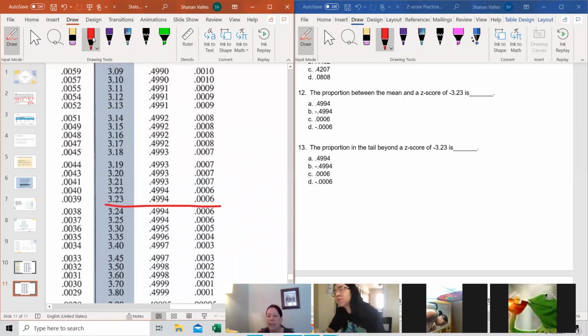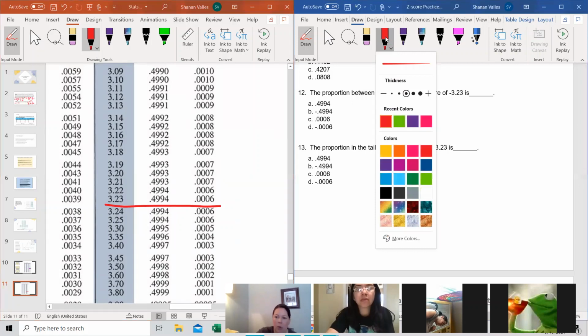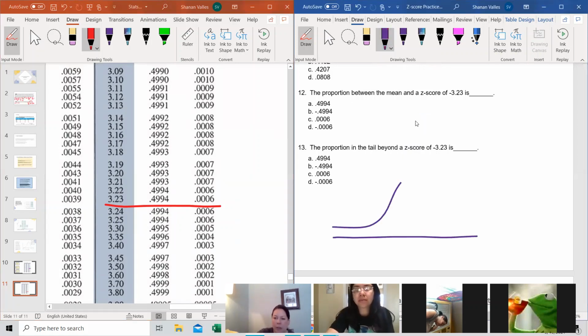We don't have a negative z-score on the table, just because that part doesn't really matter when we're looking up B column or C column, okay? So if we have our little distribution here, let's put the mean right there in the middle. And we're now looking at negative 3.23. That's going to be way out here.